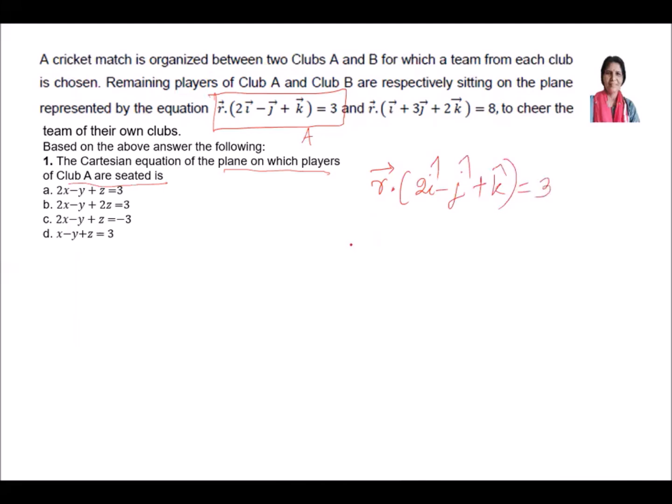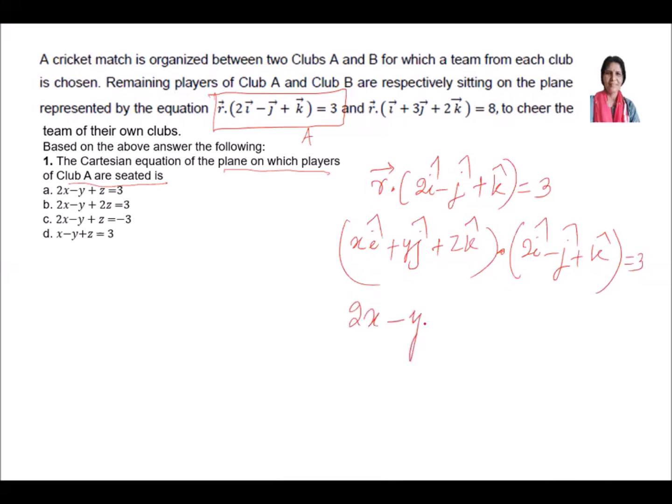So what is the r vector? r is xi plus yj plus zk, dotted with 2i cap minus j cap plus k cap, is equal to 3. Now if we take the scalar product, it will certainly be 2x minus y plus z is equal to 3. So this is the Cartesian equation of plane A.